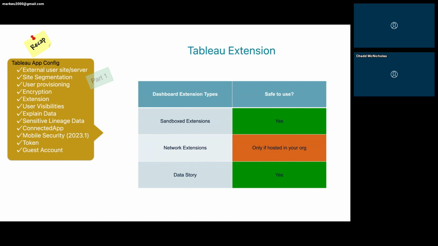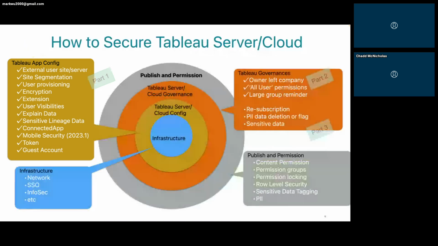I enabled all the sandbox extensions on my server. Network extensions are not safe to use. Data Stories is good to use. So that's a recap of things that can be configured on your server or your site.